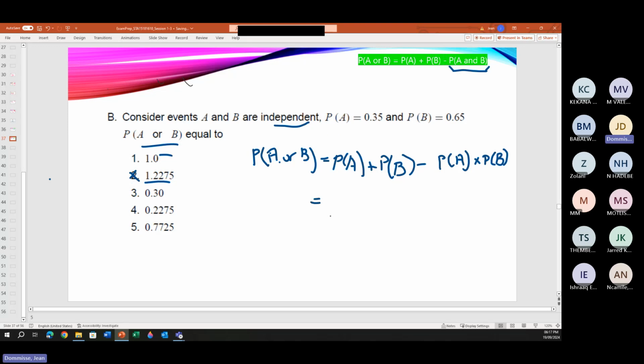So probability of A is 0.35. Probability of B is 0.65 minus the probability of A times the probability of B.